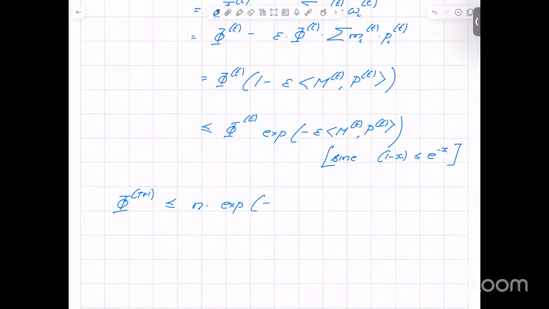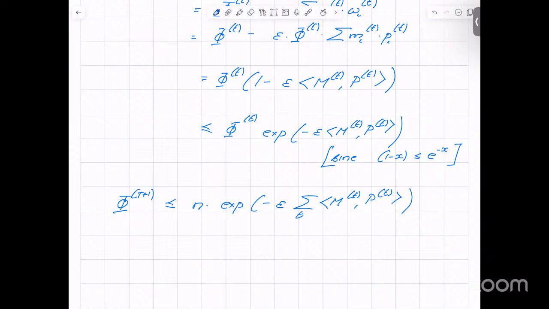So over time steps, each time it shrinks by this multiplicative factor. Is that clear? It's a product, but it's in the exponent, therefore it becomes a sum. So phi_(t+1) is upper bounded by this quantity.